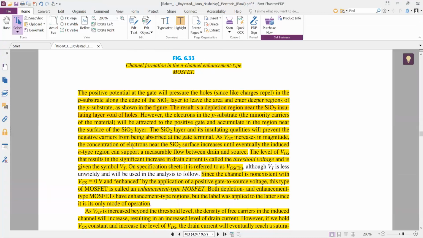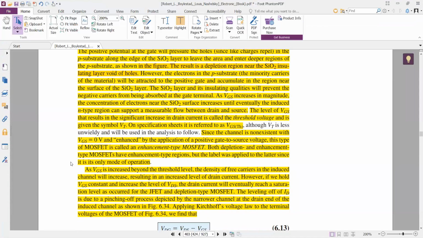This minimum value of gate to source voltage is called the threshold voltage. Since the channel is non-existent with VGS 0 and enhanced by the application of positive gate to source voltage, this type of MOSFET is called enhancement type MOSFET.